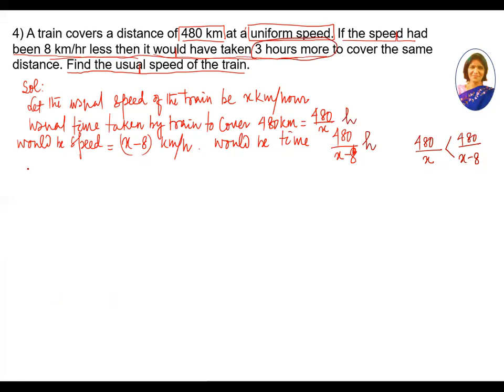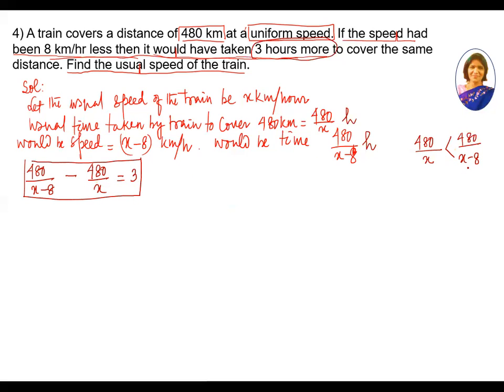So what I'll write is: the new time and the original or usual time, the difference is equal to 3. So this is the equation. You have to solve it. You have to make it into a quadratic equation and you will solve it.